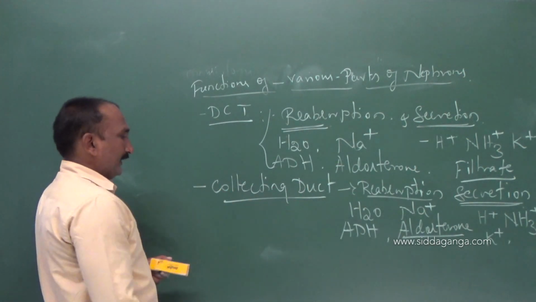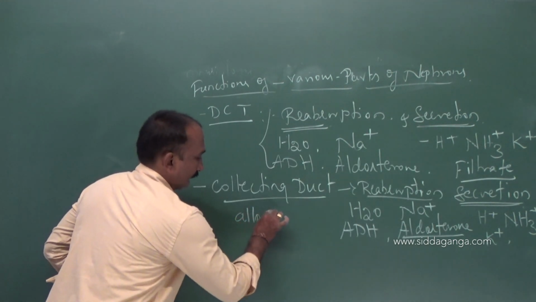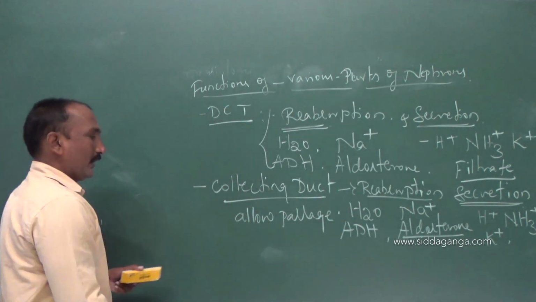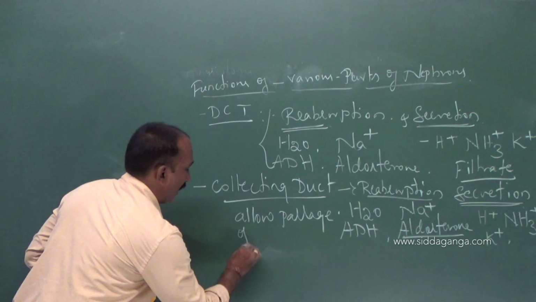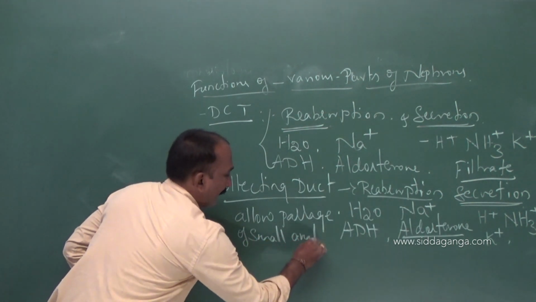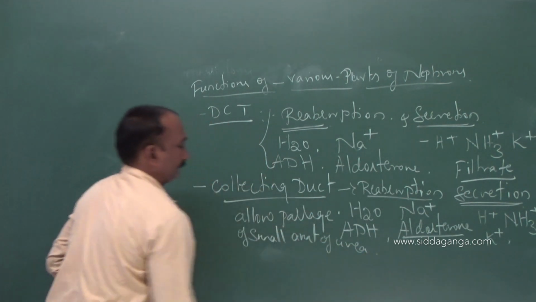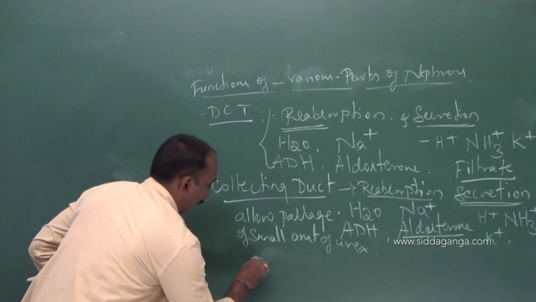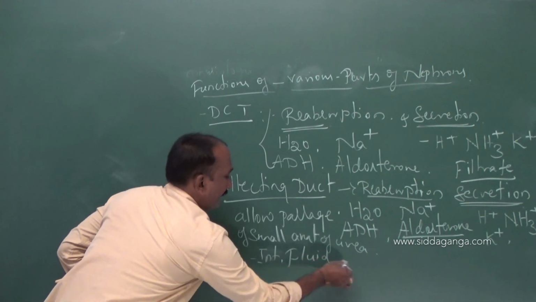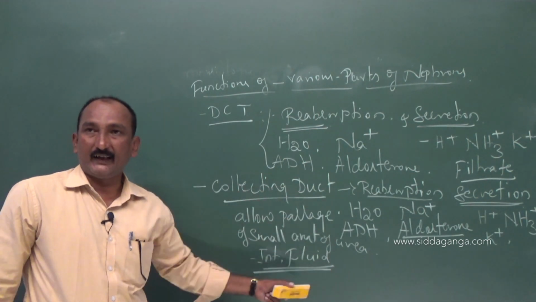Along with that, this collecting duct allows the passage of a small amount, a very little amount, of urea into the interstitial fluid. Collecting duct, of course, reabsorption and secretion.